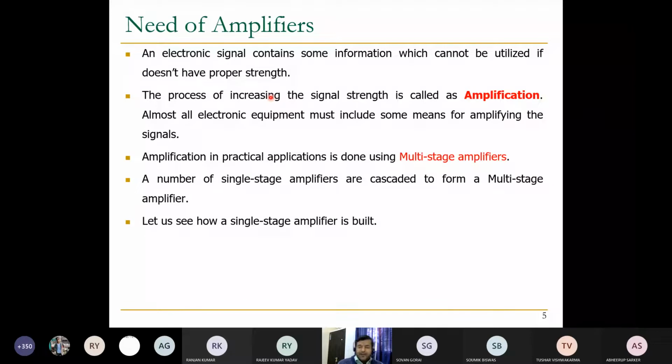Now, the need for amplifiers. Why is amplification required? Because we are receiving a weak signal.